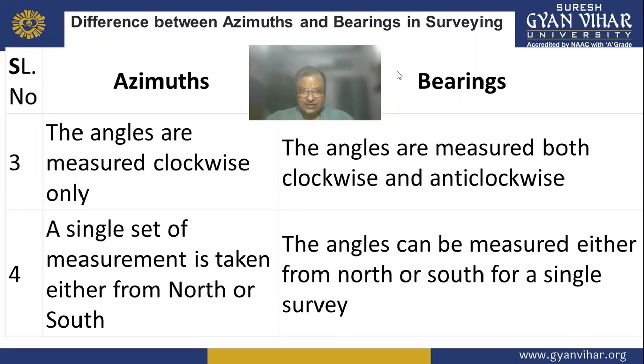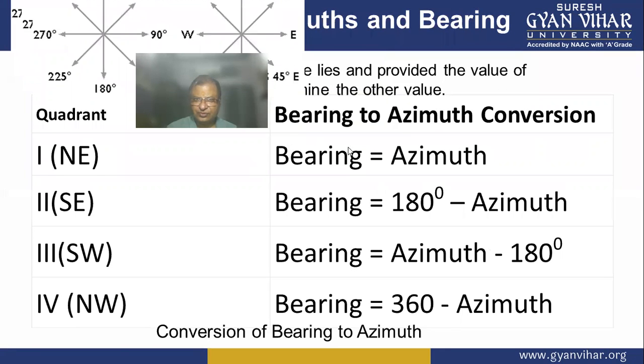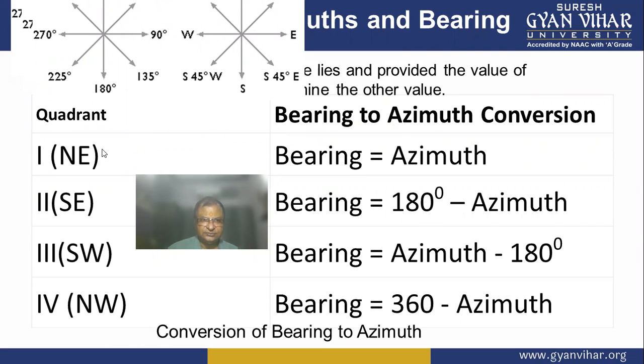So dear boys, measurements are taken either from the north or south, and the angle can be measured either from the north or south for a single survey. Now this is the quadrant and bearing to azimuth conversion. In the north-east, bearing is equal to azimuth.